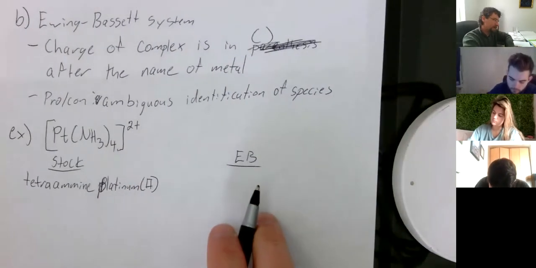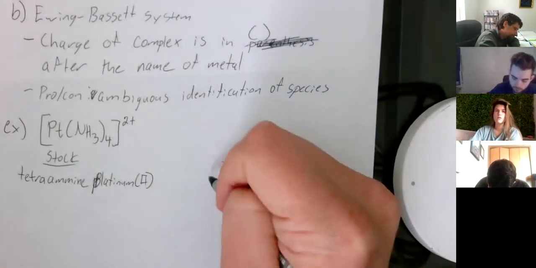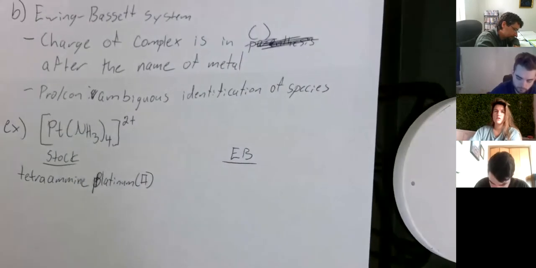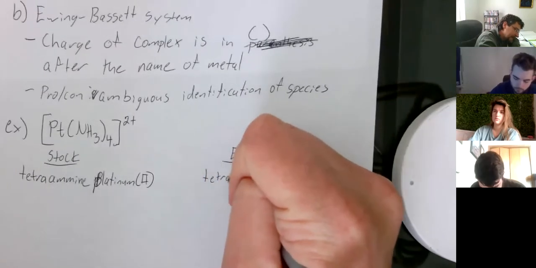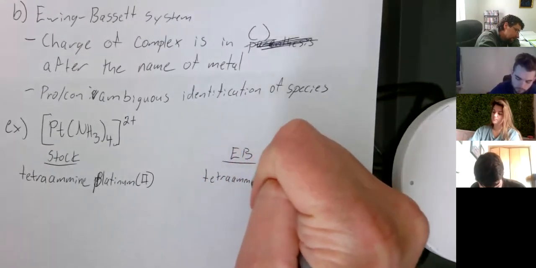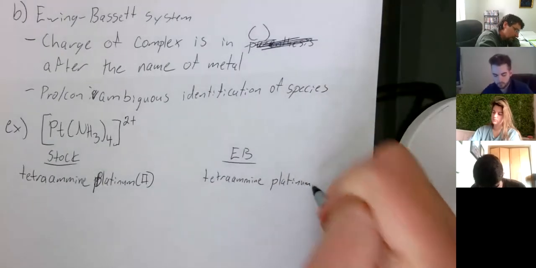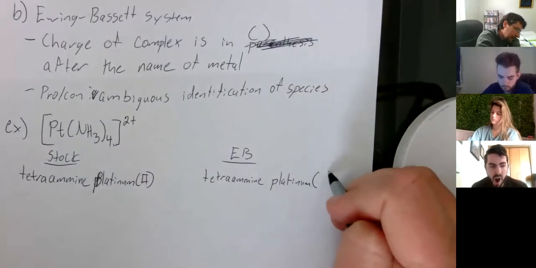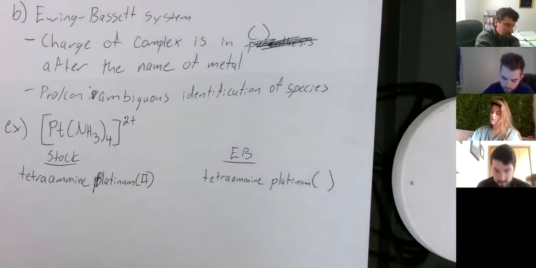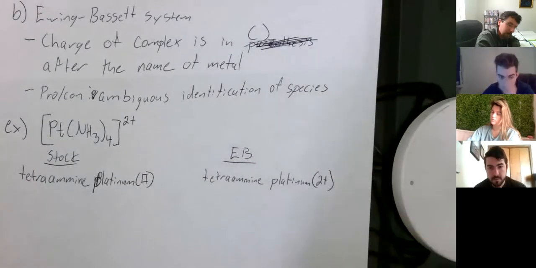So in the EB system, how would that be different? We got the same exact name, but now we want the charge on the whole complex. What's the charge on the whole complex? That's 2. Yep. So we would write 2+ here.